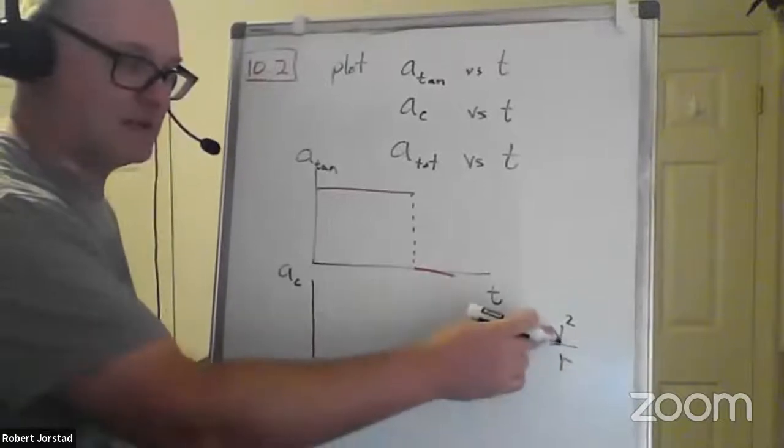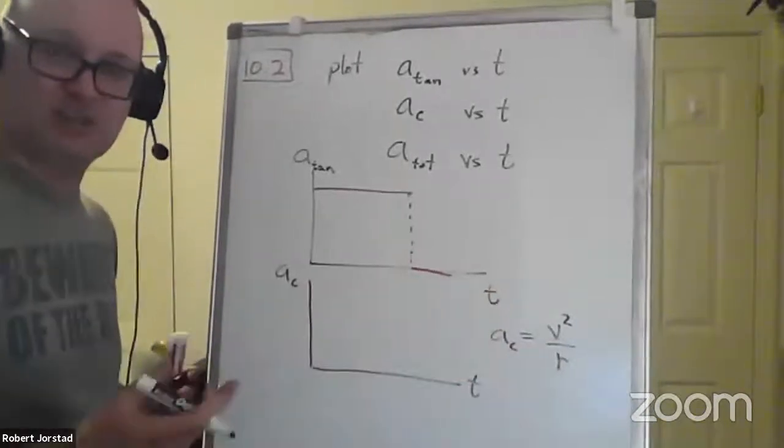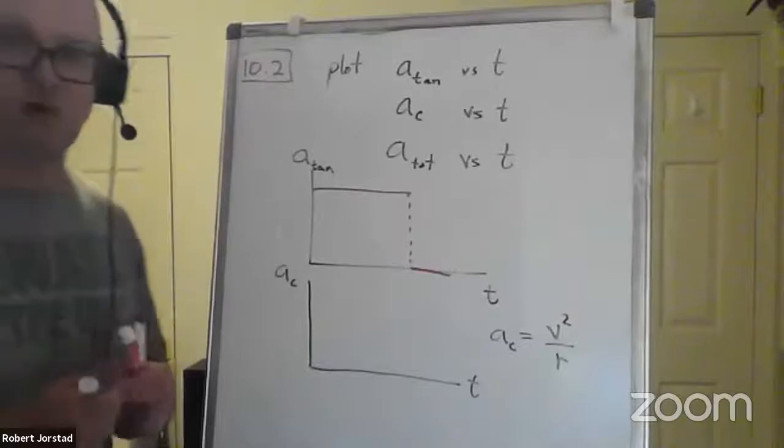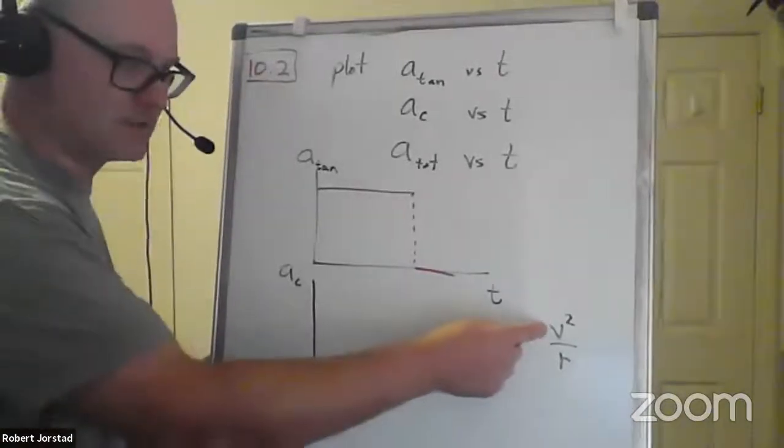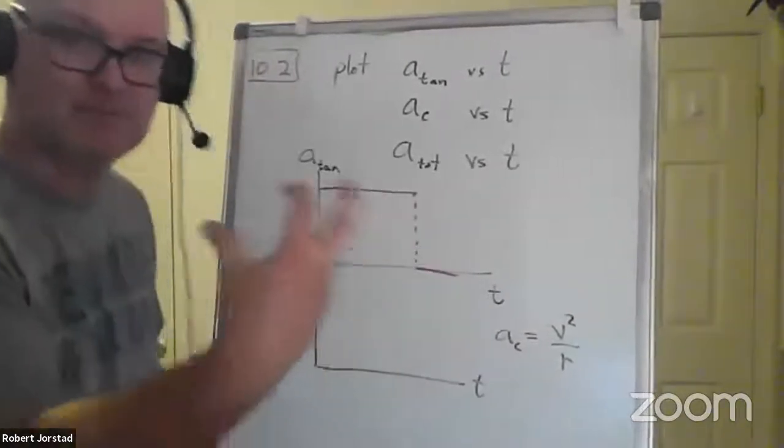R is a constant, right? So what is happening to the speed? Is the speed changing linearly? Is the speed changing quadratically? Do you know any equations for the speed as a function of time?